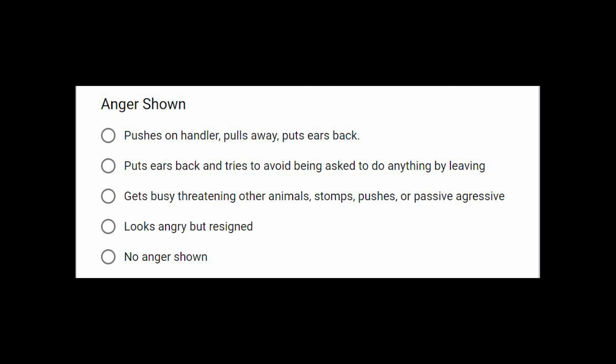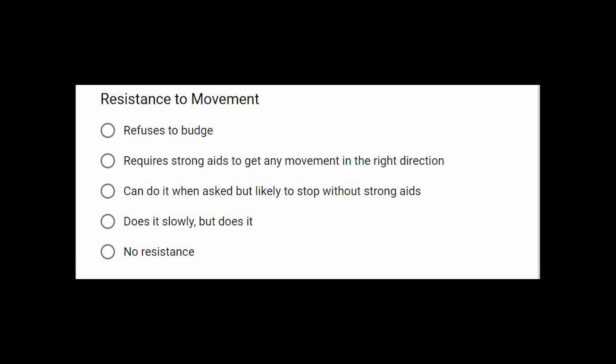How relaxed is the animal? Any anger shown, okay? Animals with anger management issues, you may want to start tracking their anger so that you know when they're having a good day and when they're having a bad day, and you can start seeing the patterns in that.